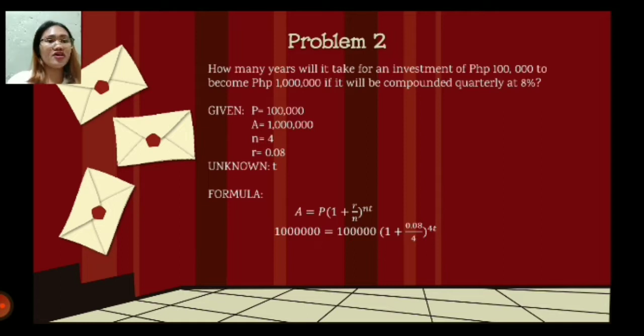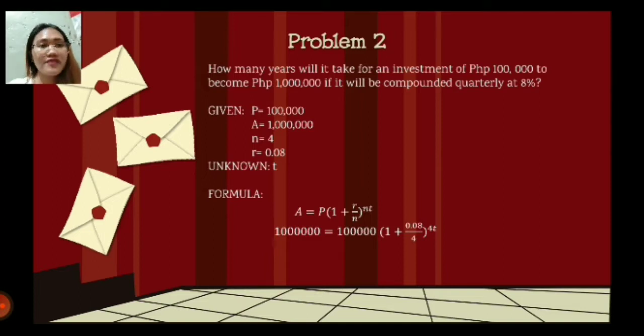Okay, next problem that we have is this one. How many years will it take for an investment of 100,000 to become 1 million if it will be compounded quarterly at 8%? So same as usual, we will put the given terms: the principal, 100,000, the total amount, 1 million, and then n is equal to 4, since it is compounded quarterly and quarterly is automatically 4 quarters, right?